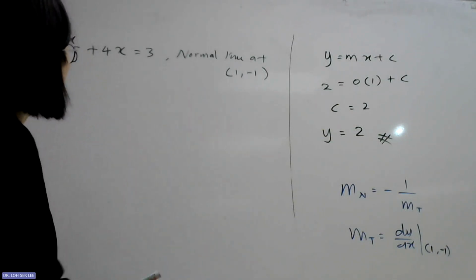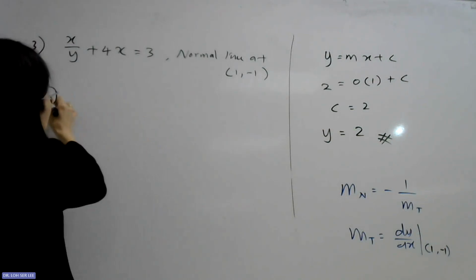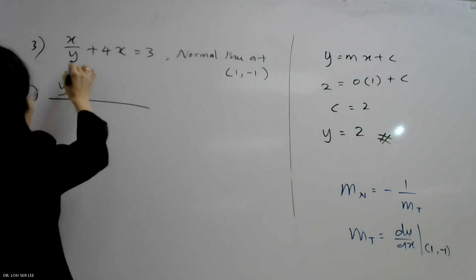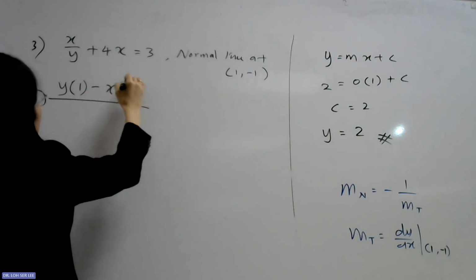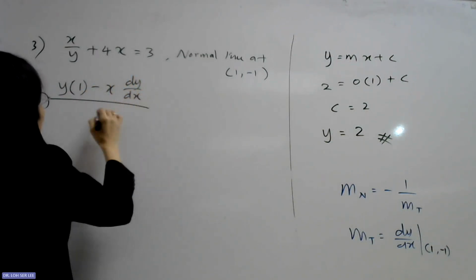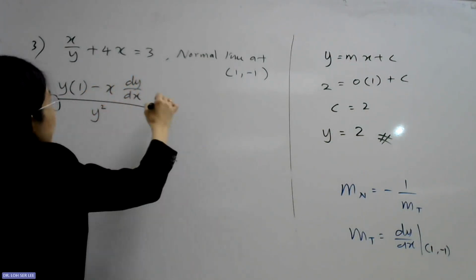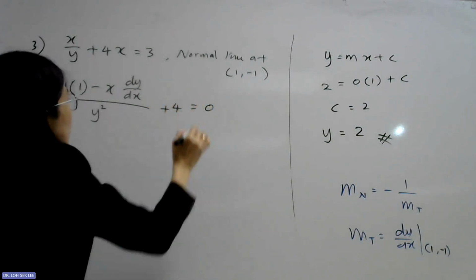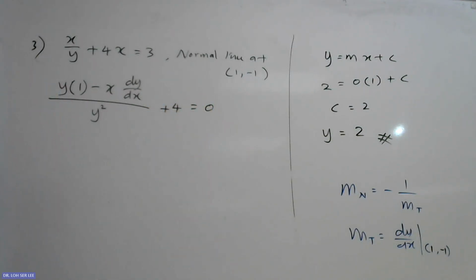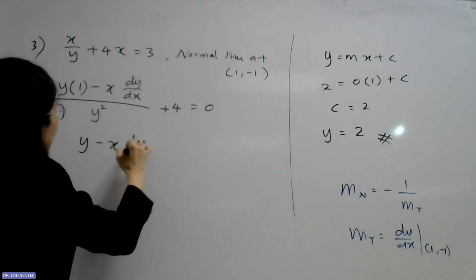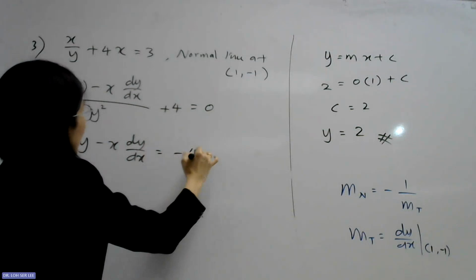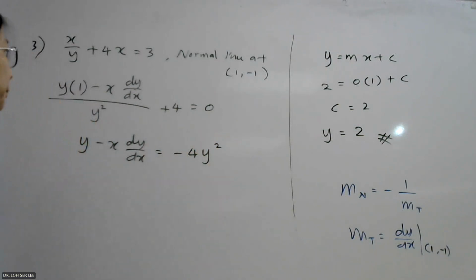Okay, I'll show you the one with the quotient rule. Using the quotient rule, (v u' minus u v') over v squared, plus 4, equals 0. So y minus x dy/dx will be negative 4y squared.